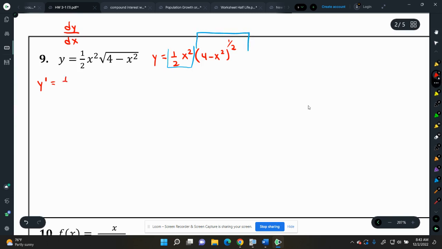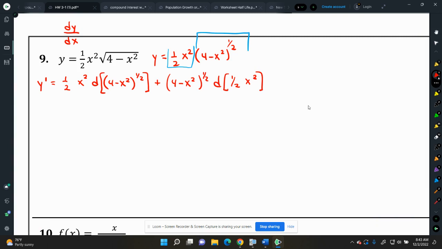So it's the first times the derivative of the second, plus the second times the derivative of the first. Did you guys figure it out? Can't even figure it out with the answers, can you? With me so far with the product rule?